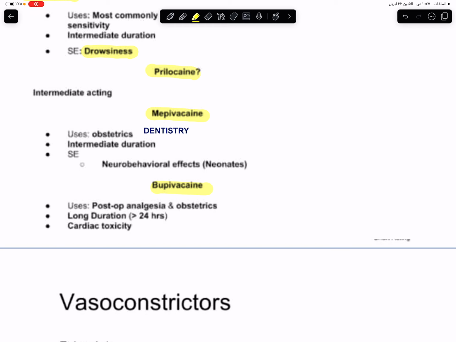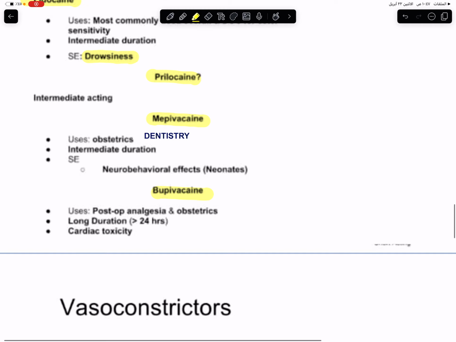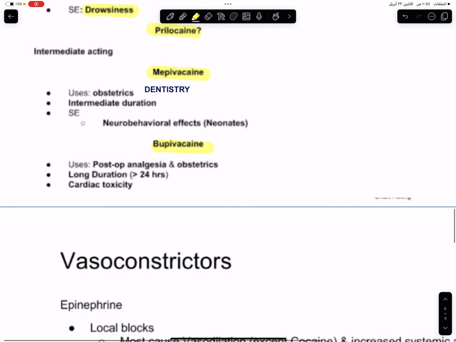So sometimes in general surgery, if there is severe pain, especially in cancer patients, burn patients, or in orthopedic surgeries, God forbid road accidents, the pains are very severe, then we use even bupivacaine for this purpose. And also we use it in obstetrics.